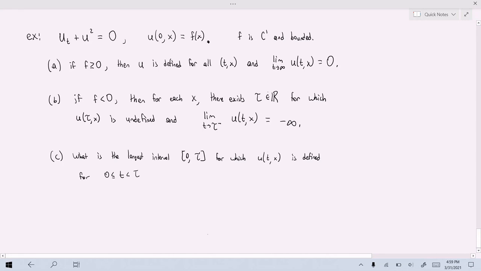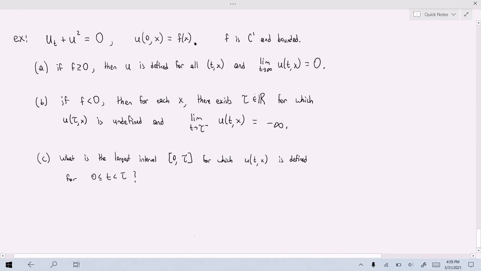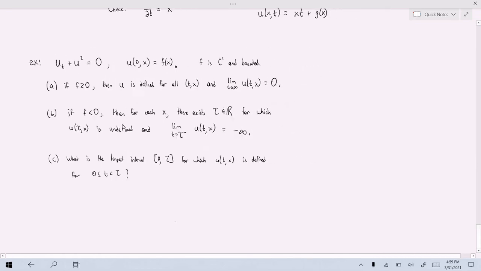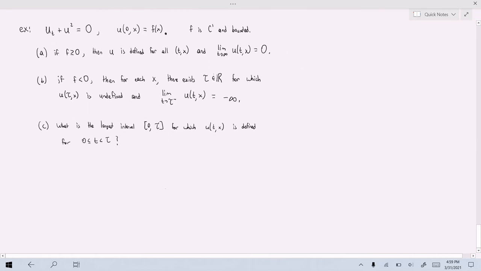And I think it's the longest interval among all x's. Okay. All right, so that's kind of an interesting problem. So let's see how we'll approach it.